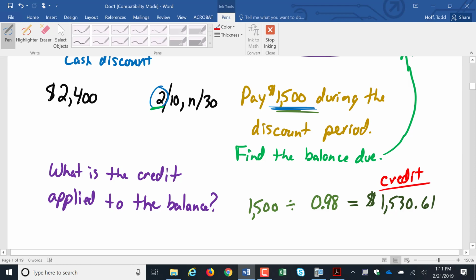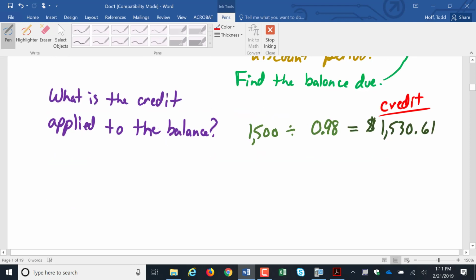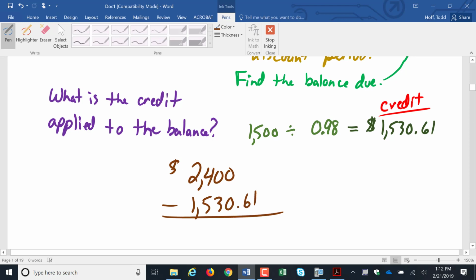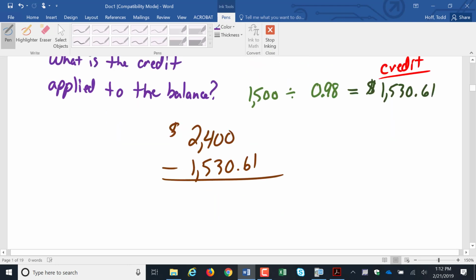So that means the balance due on that $2,400 invoice is $2,400 minus the $1,530.61, which gives us $869.39 as the balance that's outstanding.